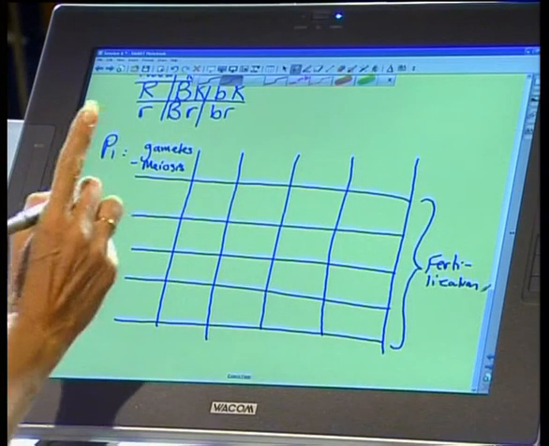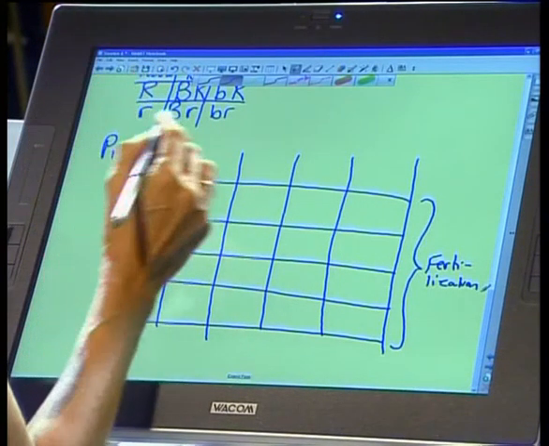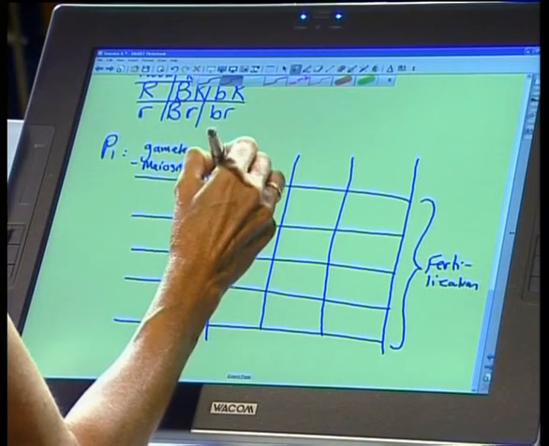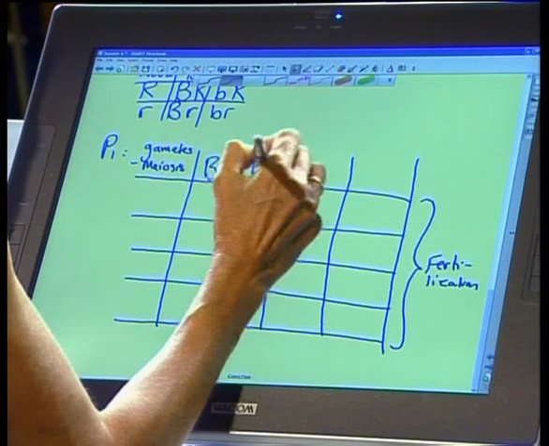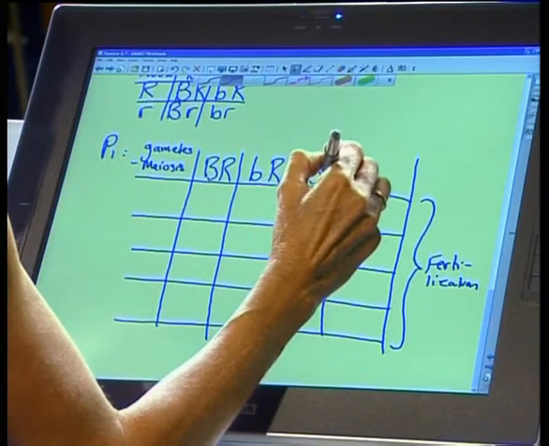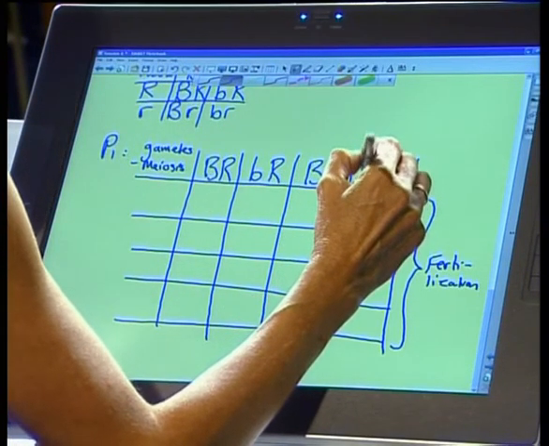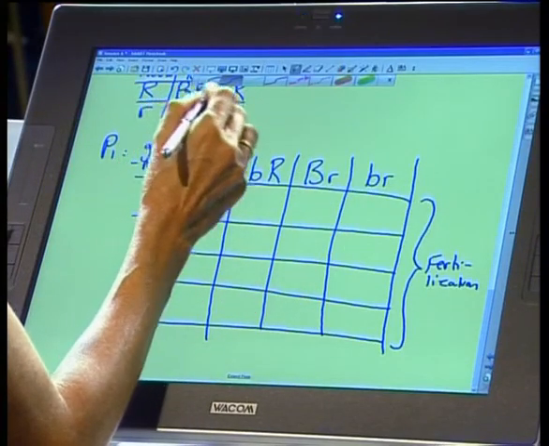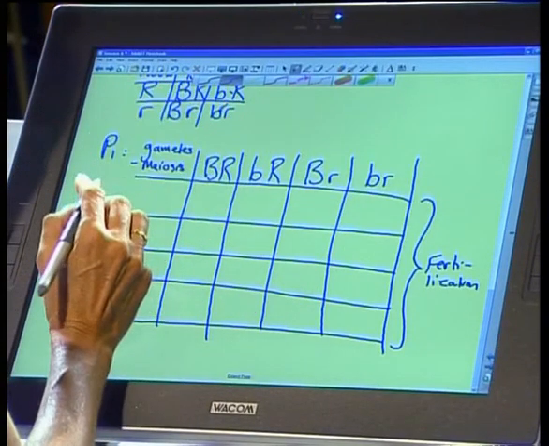All right, now keep your head about you. We're going to have capital B, capital R, small b, capital R, capital B, small r, or small b, small r. I've just gone the top two, and then I've gone bottom two.